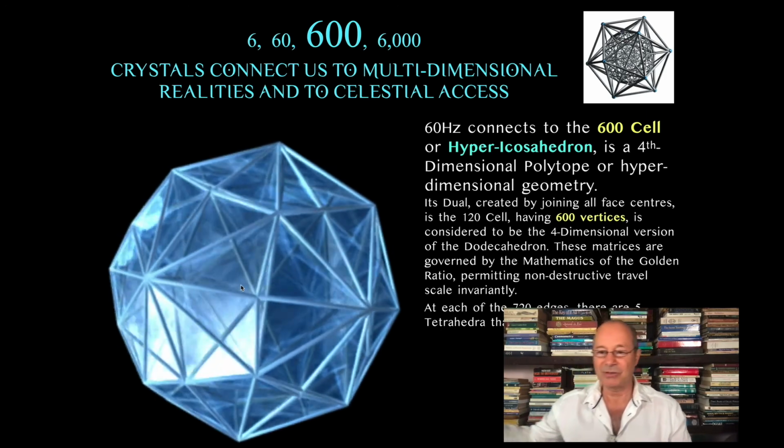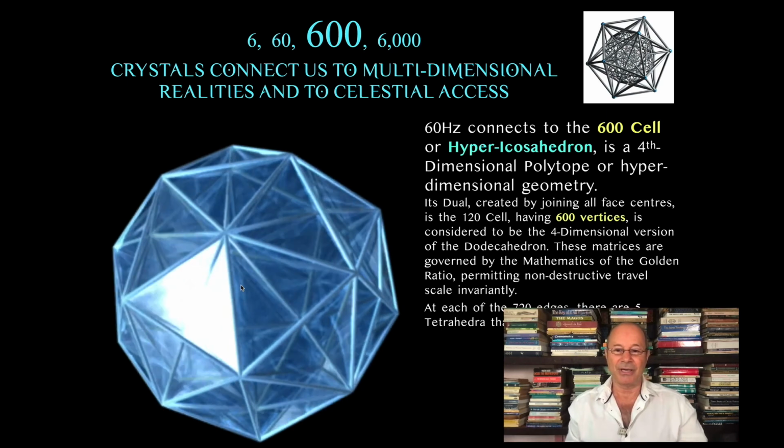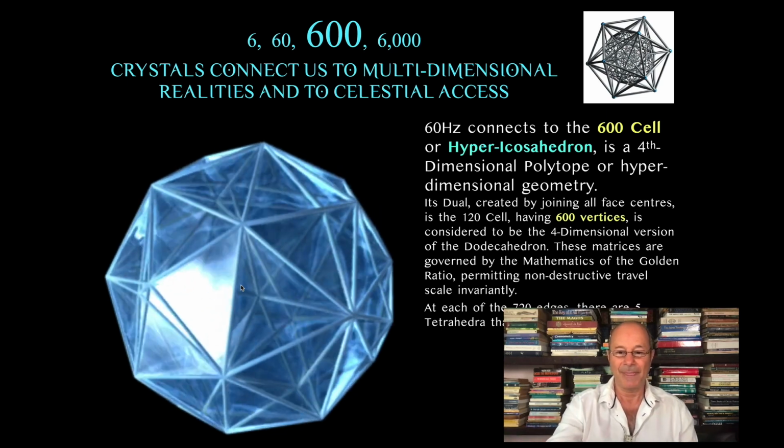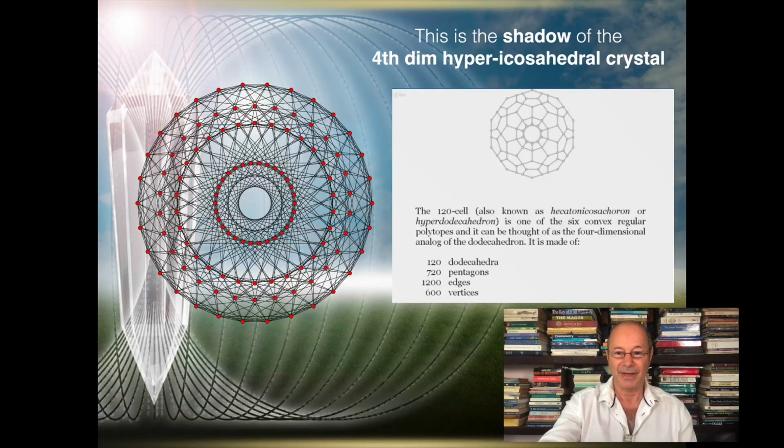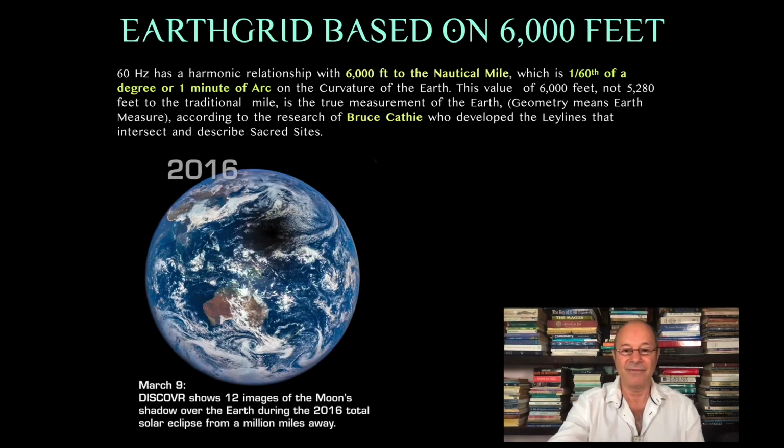So this is called multi-dimensional polytopes or hyperdimensional geometry. And then we examine the shadow of that. We get beautiful mandalas that we can use in our circuitry. The next level of technology will be based on sacred geometry because it's obeying or aligning to the correct geometry, to the frequency of the earth.